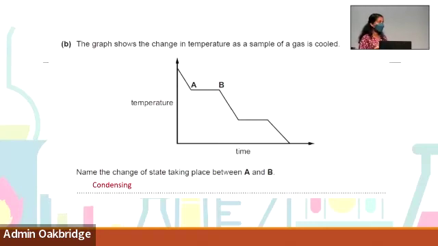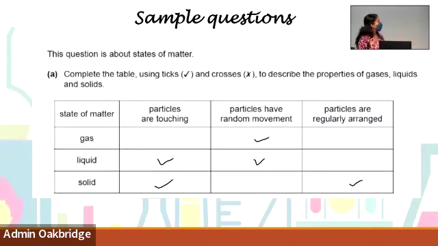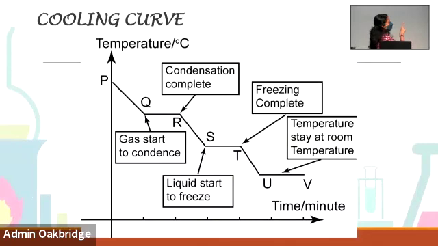If they didn't ask only for the name, there is just one more question. If the same question asks, what is the state of matter at A and B? You are supposed to mention the state of matter. As you can notice here, the gas starts to condense, condensation complete. When condensation is complete, it has already become liquid, right? In that particular process, the steam is still there, and then your liquid is coming down. From R to S, that's where your liquid is coming down.